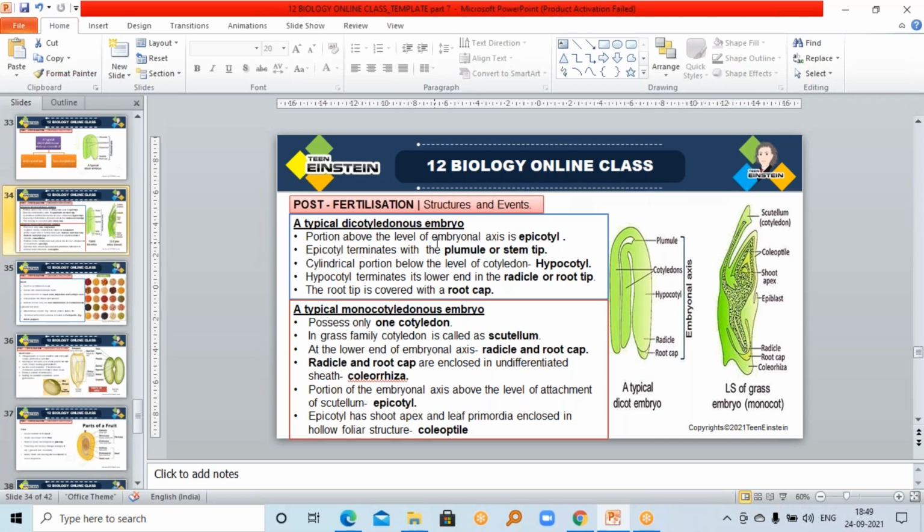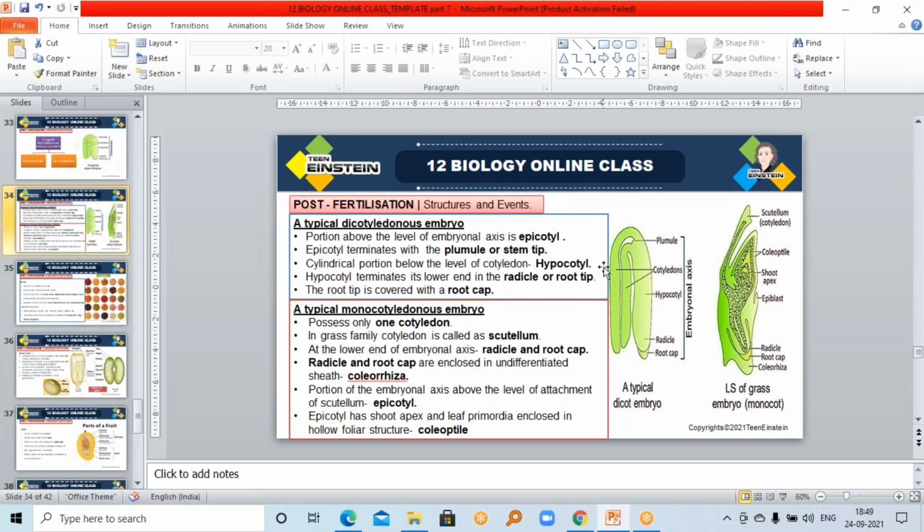So in the dicot embryo, the portion above the level of the cotyledons on the embryonal axis is called the epicotyl, and the epicotyl terminates with the plumule or stem tip.